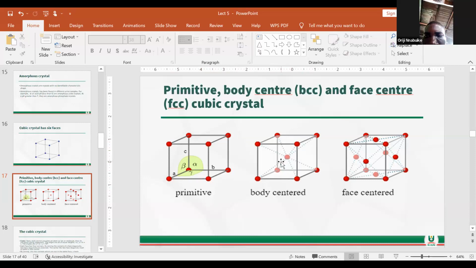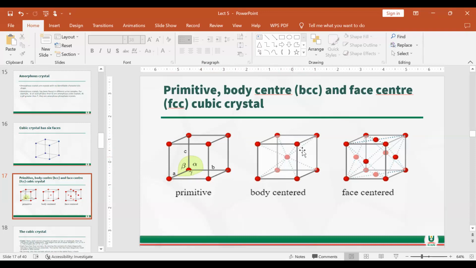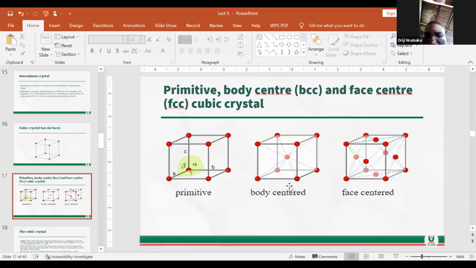If you draw a line to each of the corners, it separates them equally, and that means the distance from here to here is the same, from here to here is the same, and so on. So that's the body-centered unit crystal.